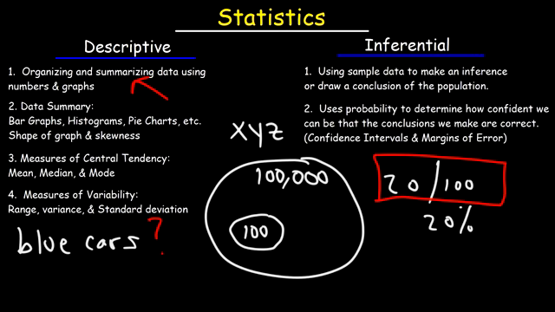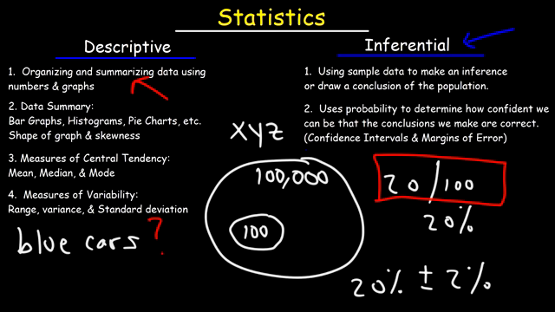Now, we can use that information to draw a conclusion about the population. We can say that 20% of the entire population, within a 2% margin of error, like blue cars. In this case, because we're making an inference or we're drawing a conclusion, that will fall under inferential statistics.